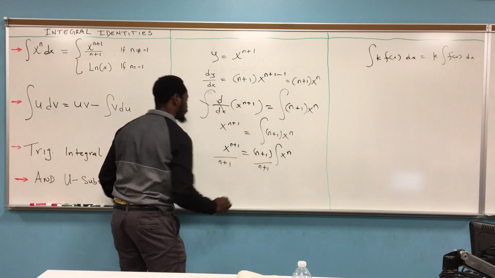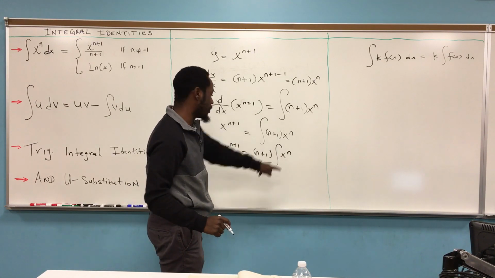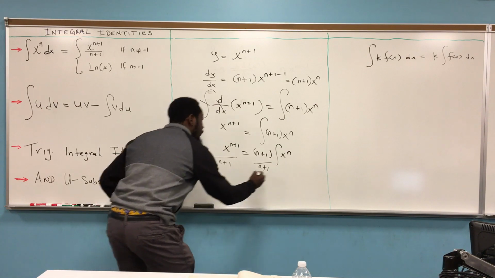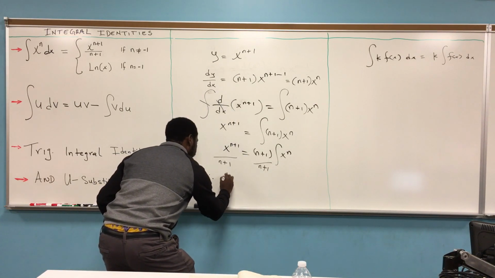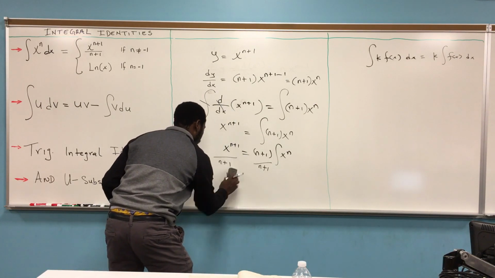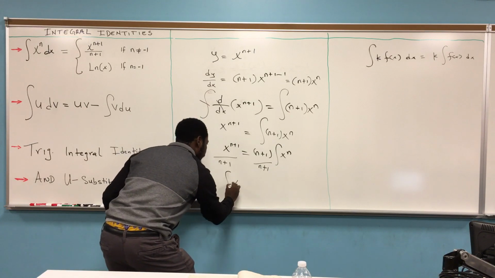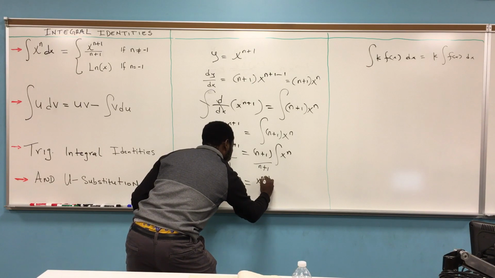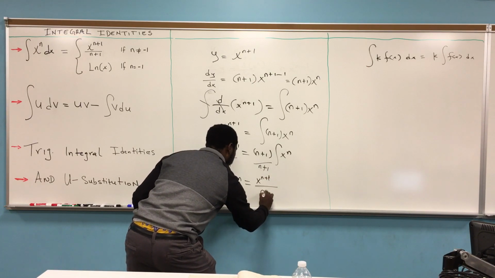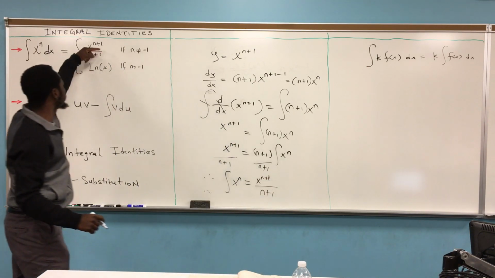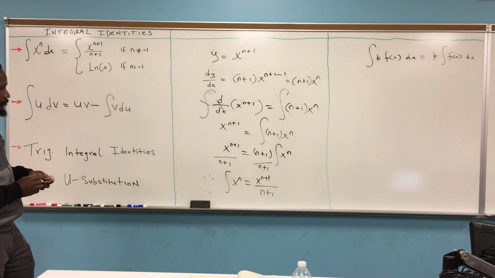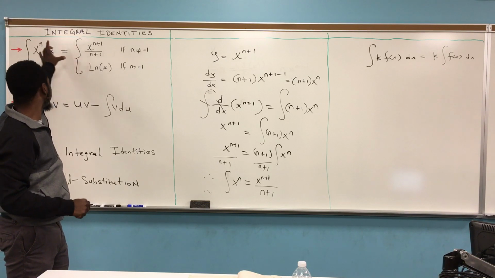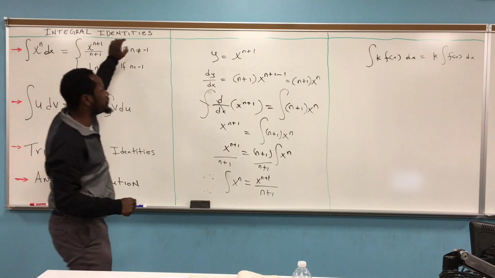So therefore the integral of x to the n is equal to x to the n plus 1 divided by n plus 1. And that's what we have here. So that's how this integral came about.